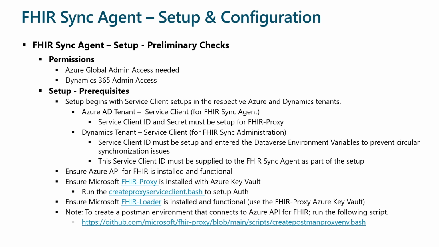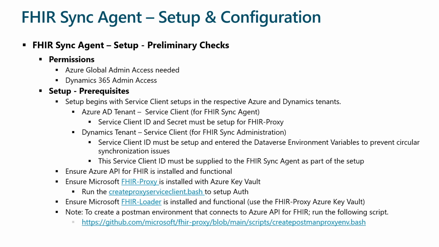In terms of the preliminary checks, you need the Azure Global Admin access and Dynamics 365 Admin access to set up the Sync Agent. In terms of the prerequisites, you need to create two service client Azure AD apps, one for FHIR proxy and one for the FHIR Sync administration app.